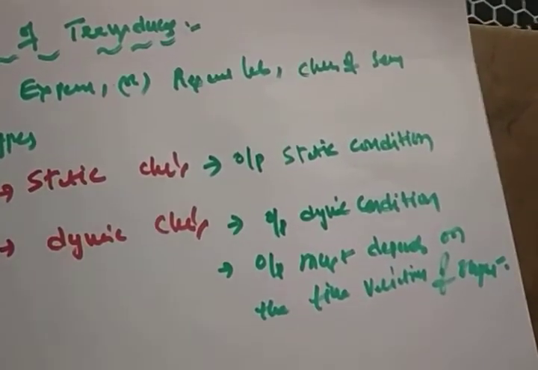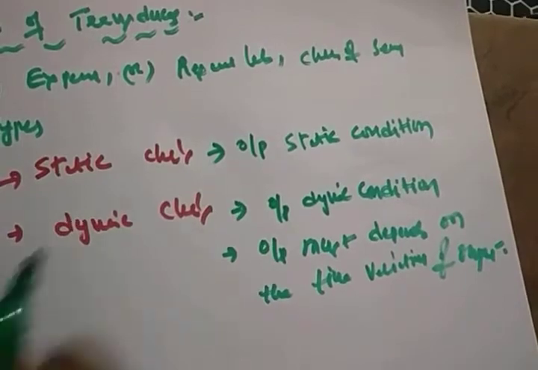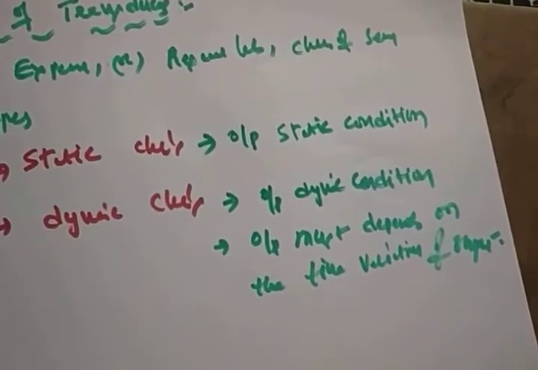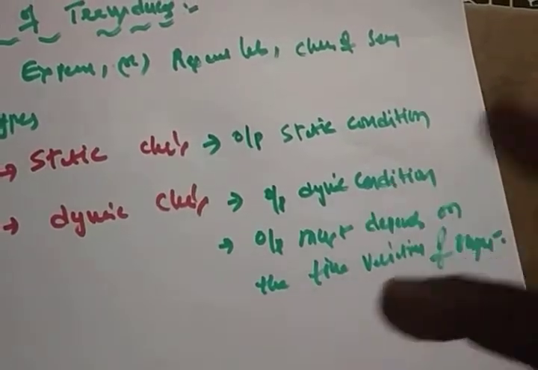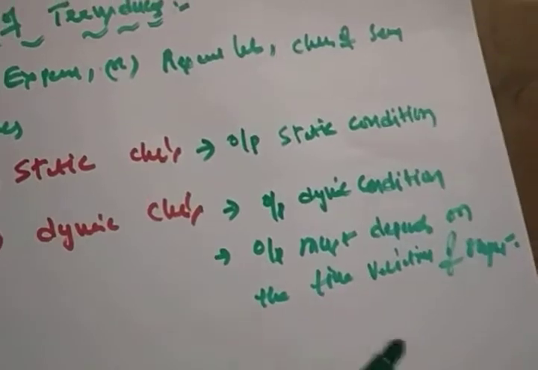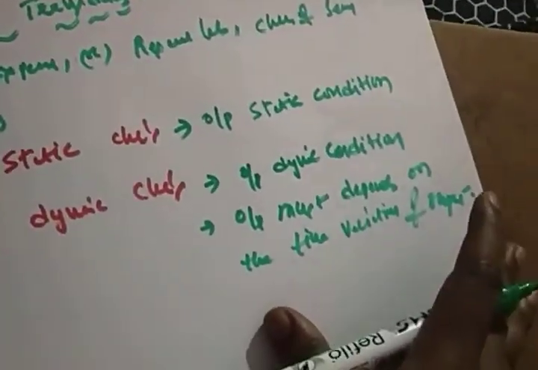So what are static characteristics? Whatever the output is, it is in a static condition; it doesn't depend on input or time variations. What are dynamic characteristics? The output depends on our input variations with respect to time. Now we'll discuss each characteristic individually.